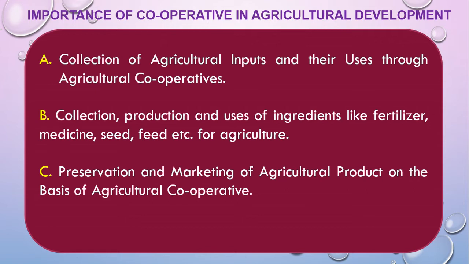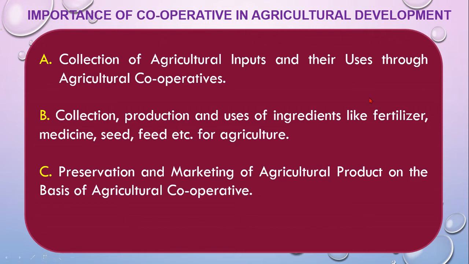Even some environmentally friendly agriculture technology as well, like integrated farming system, then harvesting, then marketing, and then transportation. This type of activities they can do with the help of cooperative.